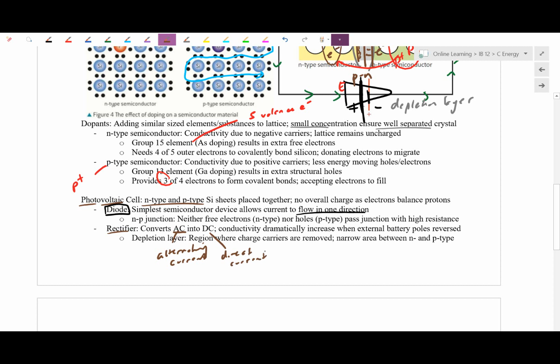Basically, if I look at our electrical generation in power plants, things like that, what we create out of our wall sockets is actually AC current. If you've done this in physics already, we play around with changes in magnetic fields to create current. Unfortunately, the voltage that we're getting from the alternating current is almost like having, let's say this is the wiring in your house, an imaginary little helper, and this helper's job is just to hold on to what would otherwise be a battery and constantly flip it back and forth.